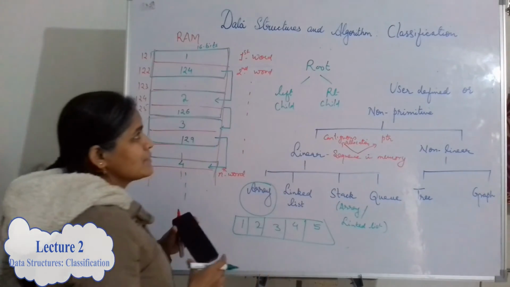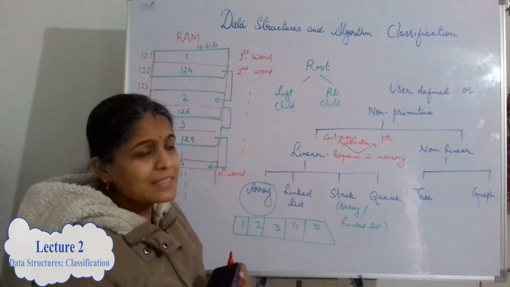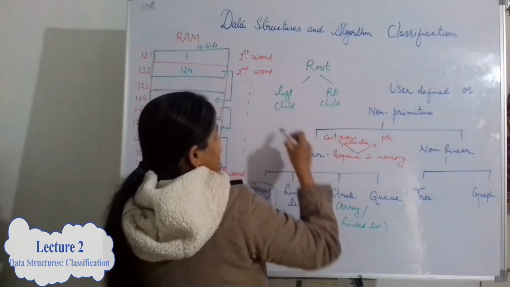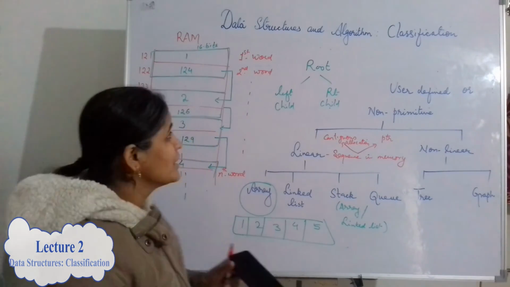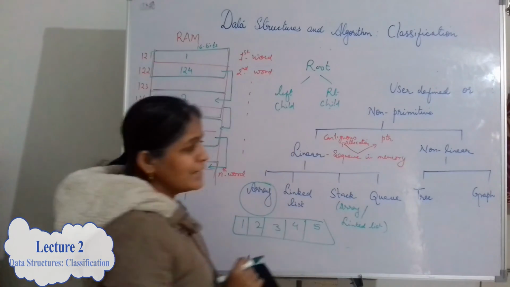We have seen this root, left child and right child in the previous lecture. So there is no linear relationship between root, left child and right child in the tree in memory. That is why this is called a non-linear data structure.